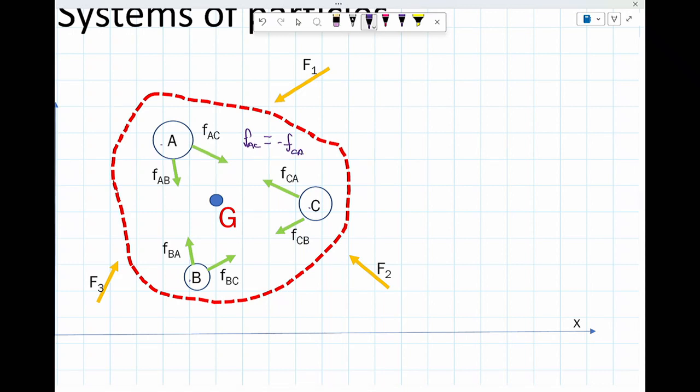This is not as exciting as it gets in chapter 6, but the important point is that all of those light green forces are going to play a role.